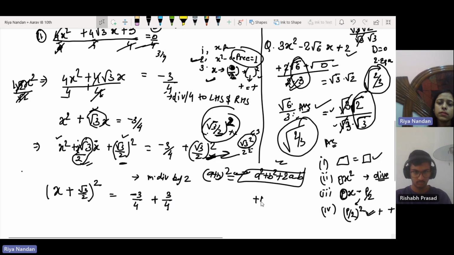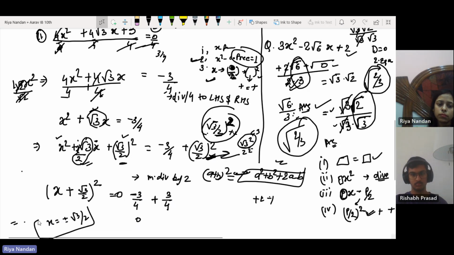Plus 1 minus 1, 0. So this would be 0. So it will be left with what? This becomes 0. It will be left with this value. So x is equal to plus minus root 3 upon 2 with the answer.